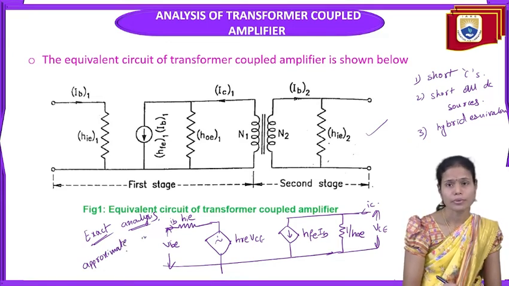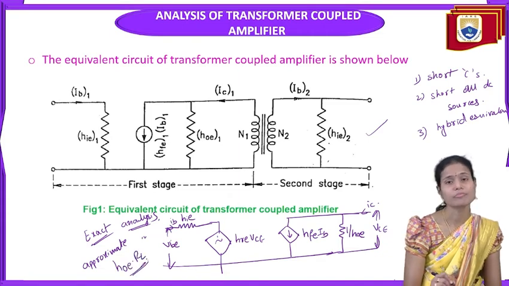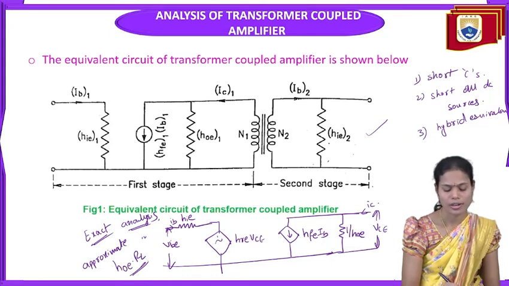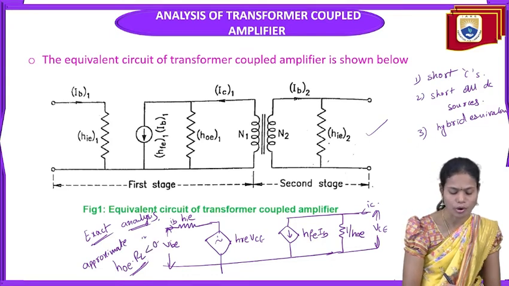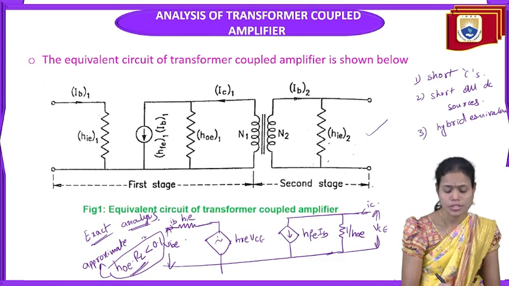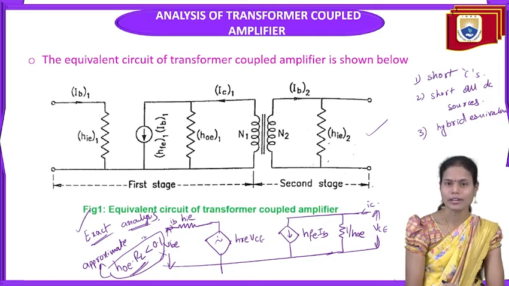In the case of approximate analysis, we have to first find the hoe into RL value from the circuit. If this hoe into RL value is less than 0.1, then we move for this approximate analysis. If this particular condition is not satisfied, we have to always go with the exact analysis.